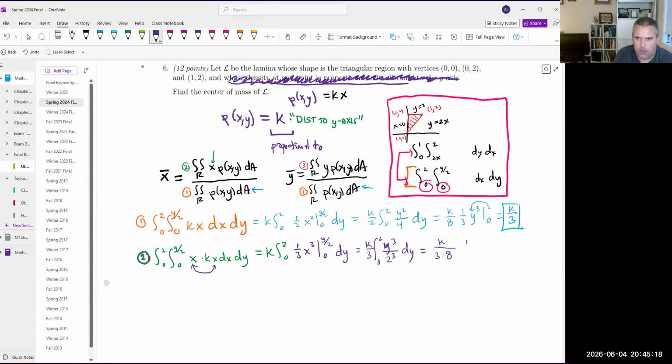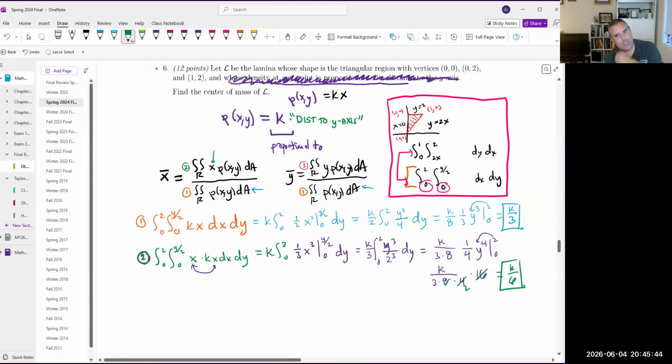But now I'm going to integrate the y. 1/4 y to the fourth from 0 to 2. I'm going to plug a 2 in. That's going to be 16. And part of the reason I don't simplify is because I always like to cancel first if I can. So 16 is the same as 8 times 2, so it's k over 6. This is part of my attempt to never use a calculator. Almost always better to cancel than to multiply.